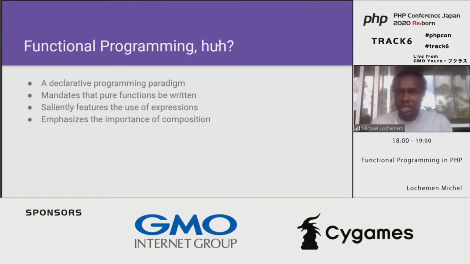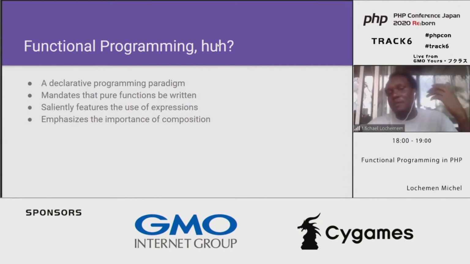Functions are abstractions, right? Functional programming mandates that you write pure functions. So it basically requires you to write functions that don't have any side effects, that don't suffer from any side causes, right? So that's very important. And we'll get to a lot more of that later in the presentation.